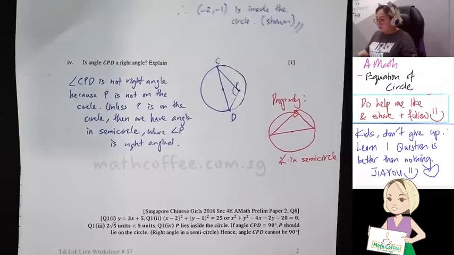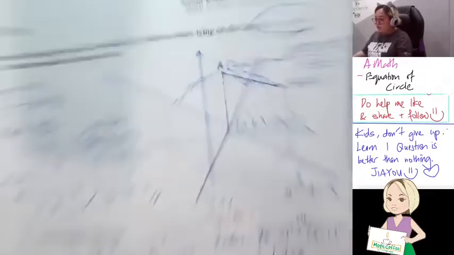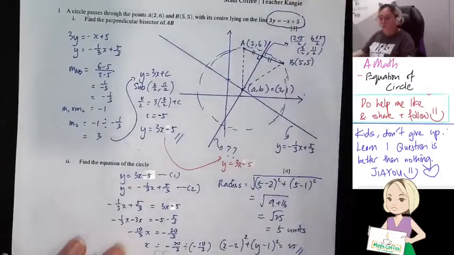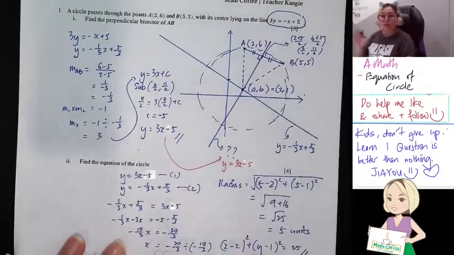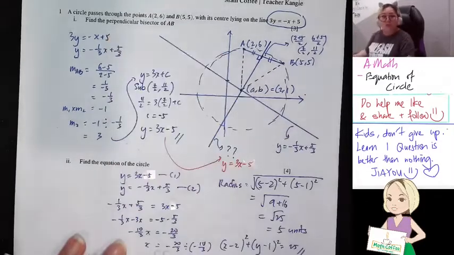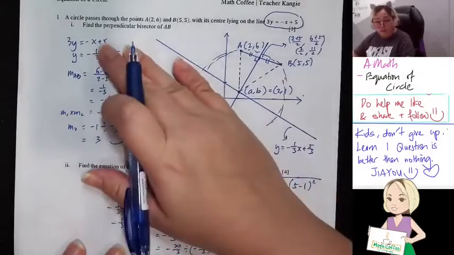Okay, so this question, we are done with question number 1. In this question, I have taught you how to sketch whatever things you need to draw. It's not a perfect drawing, but it's fine. Most important is you are able to visualize what they want. To find the equation of perpendicular bisector, by right you should know this under coordinate geometry.